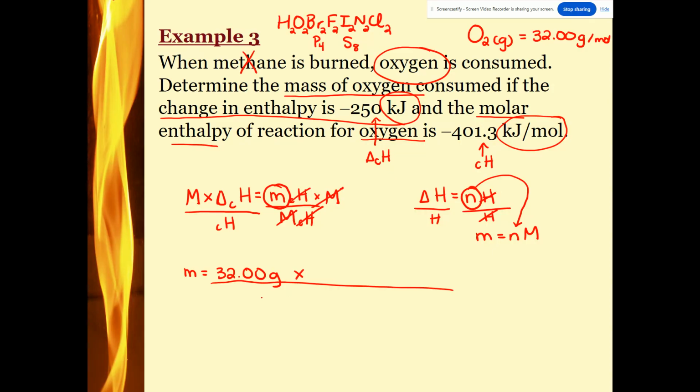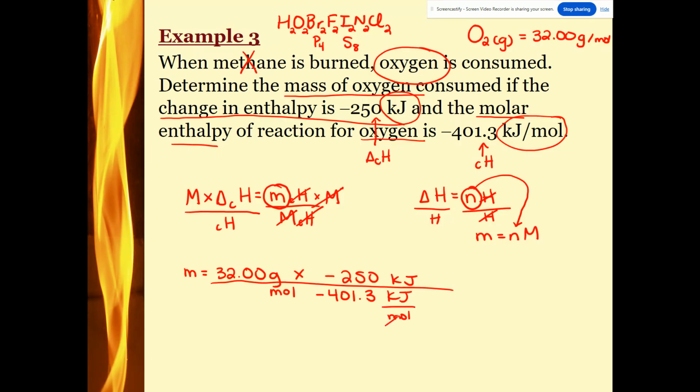So I'm going to take my molar mass, which was 32 grams per mole. I'm going to multiply it by the enthalpy change, the delta H, which is negative 250 kilojoules. And then I'm going to divide it by the negative 401.3 kilojoules per mole.